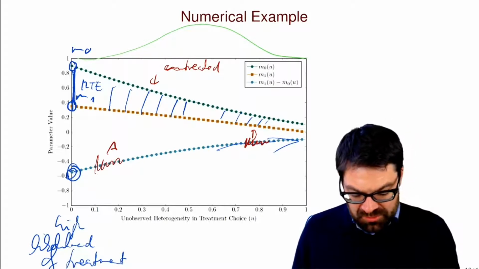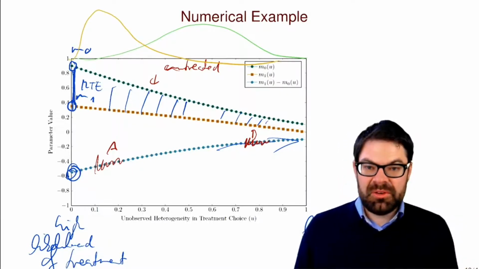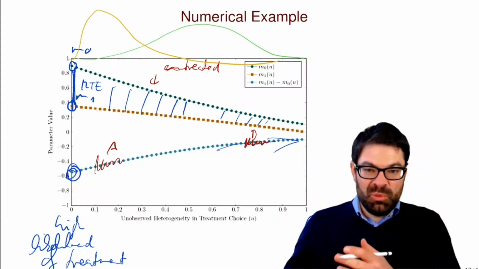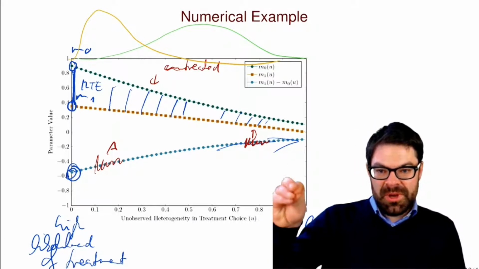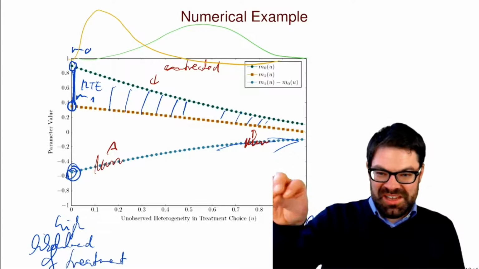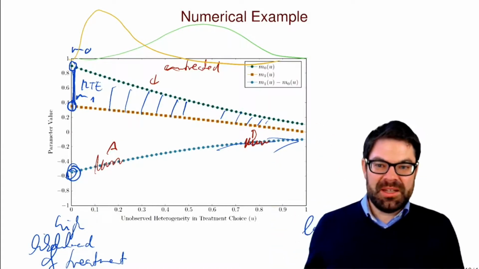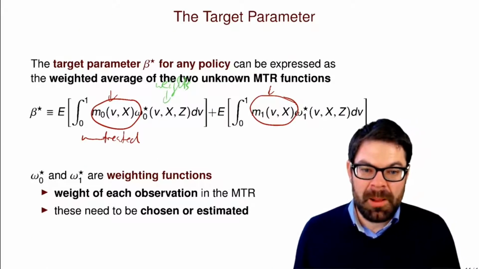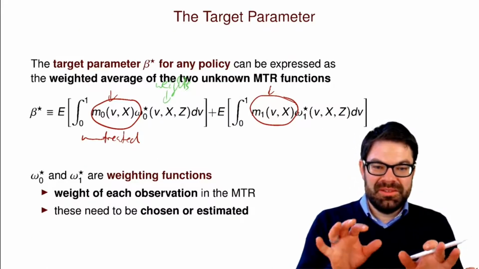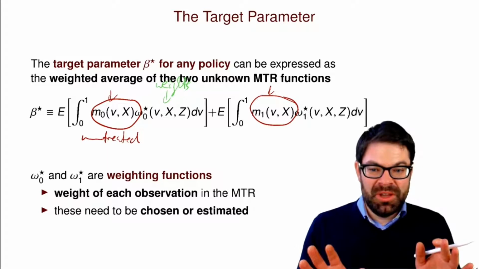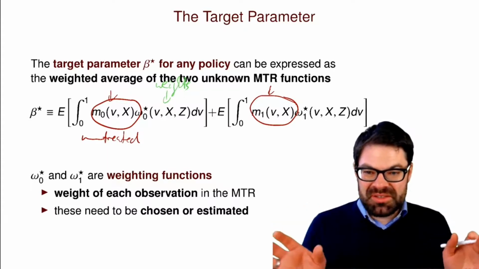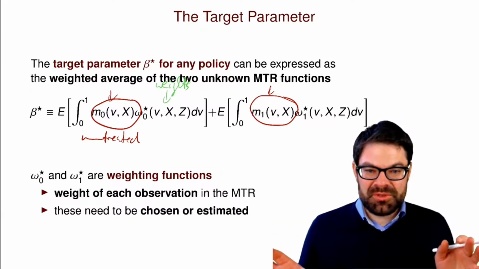So let's say the distribution is more like this, where you have a huge probability mass at low values, and then you would weight all those yellow dots along the line with the density from that distribution. And then the sum of those two is the treatment parameter of those two expectations.